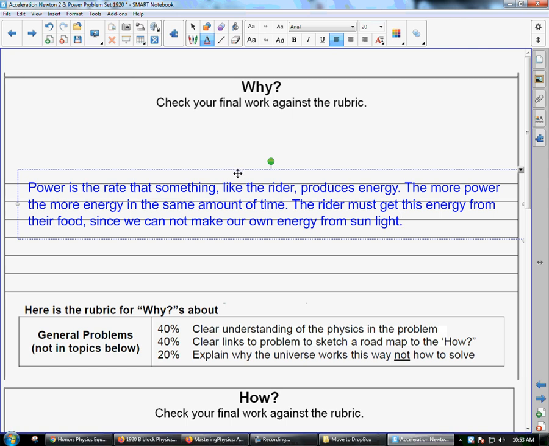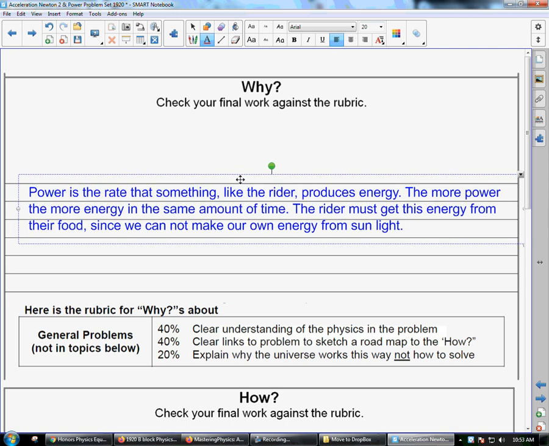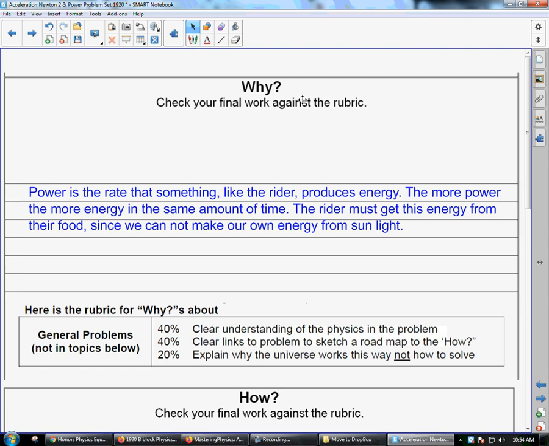Who says we don't talk about biology? Right? So the energy's got to come from somewhere, and power is the rate that something produces energy. So, any questions there on the how? I think that would cover it. Brings it in. I probably should have used the word pilot, but it was stuck in my brain.